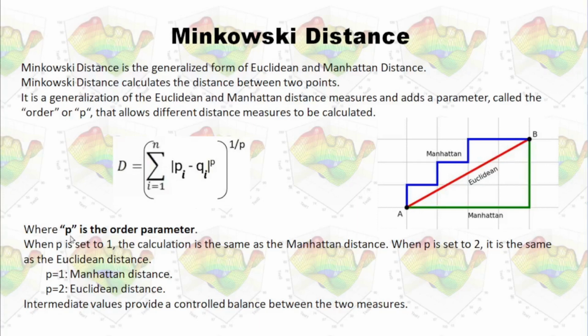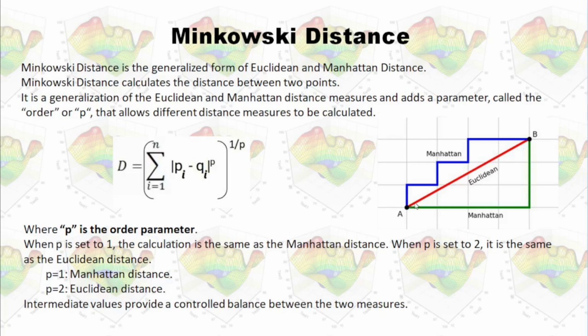So the p is the order parameter. When p is set to 1, it is equal to Manhattan distance. So basically it will be the same with this distance. But when p equals 2, it will be Euclidean distance.